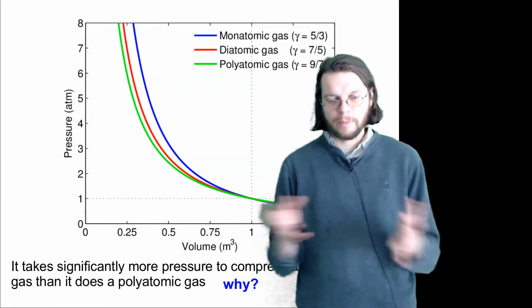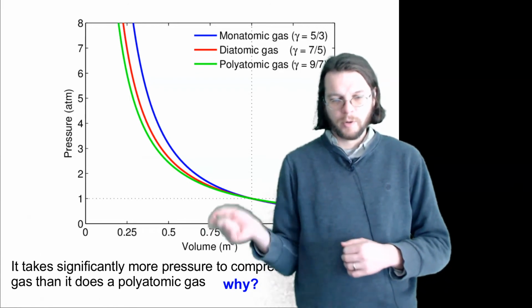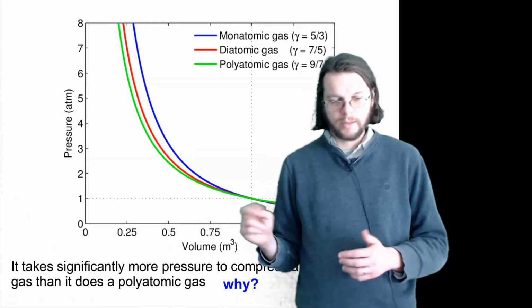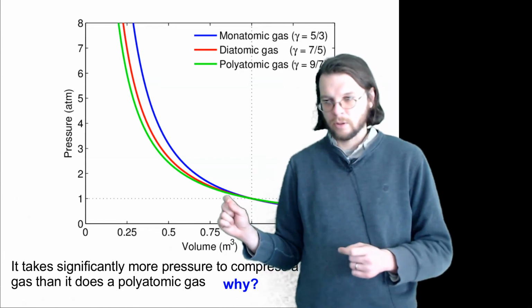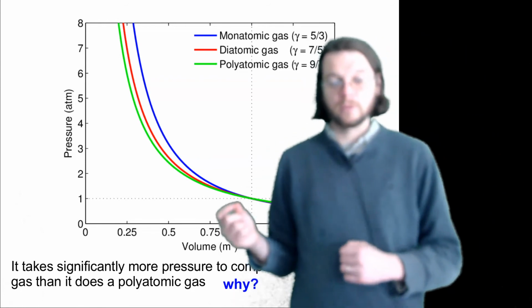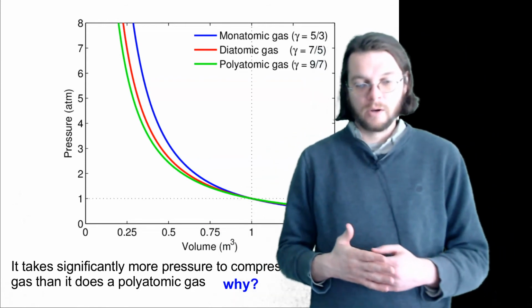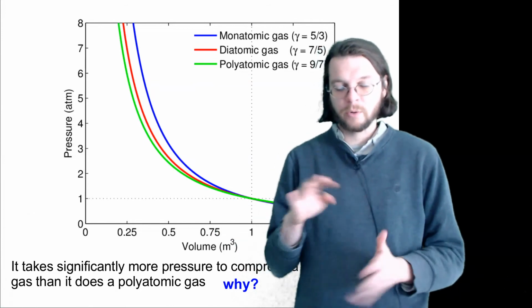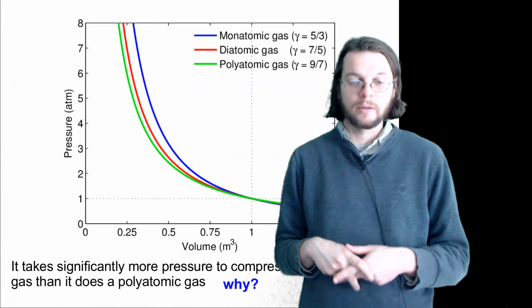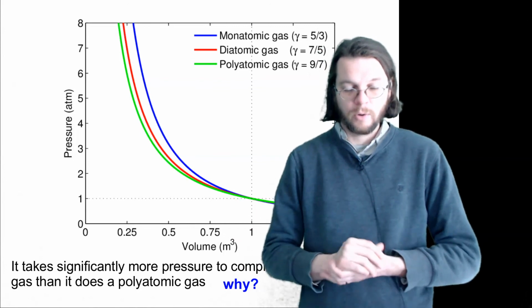And so if you rapidly compress it, that energy is going to go into the average speeds of those particles. The average speeds of those particles are going to cause them to hit the walls of the container more quickly and harder because they're moving faster, and so that is ultimately going to cause the pressure to go up.